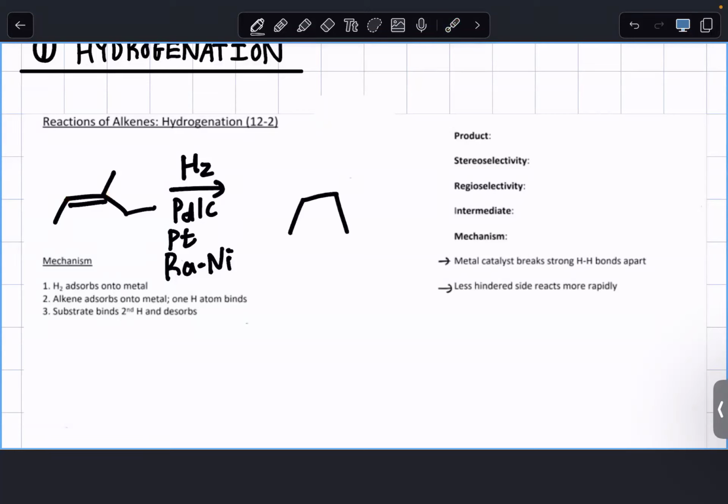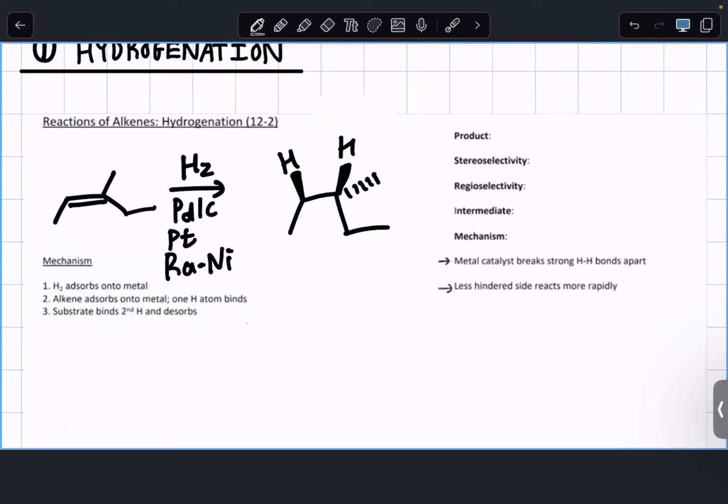An important thing is that this reaction does a syn addition. So the hydrogens will attach on the same side. Right? Where I put the hydrogens on the alkene here on a wedge, so they both have to be wedges because this reaction does a syn addition. Right?